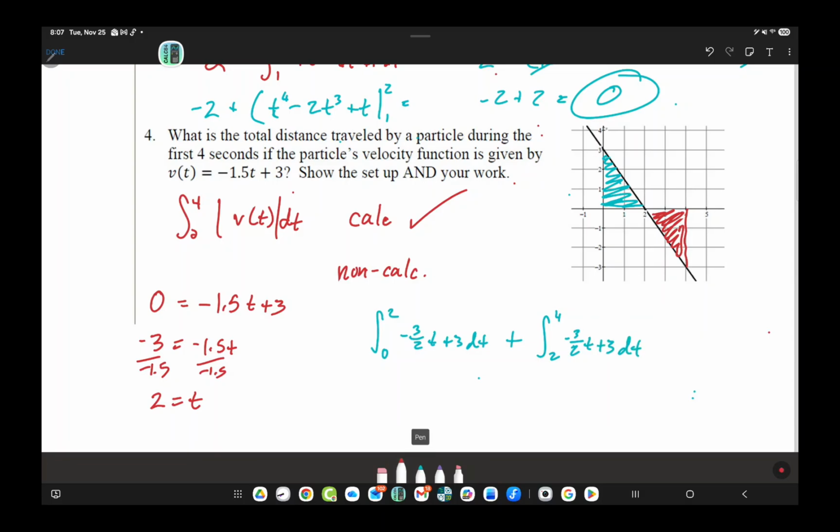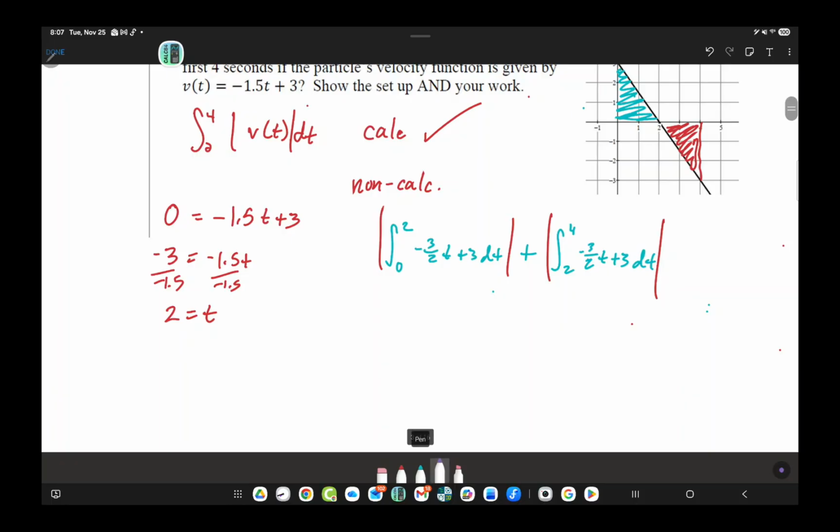When I find their values, I'm going to take the absolute value of both, because I don't know which one is positive or negative until I actually do all the math. So once I find the integral, I'm just going to make everything positive.